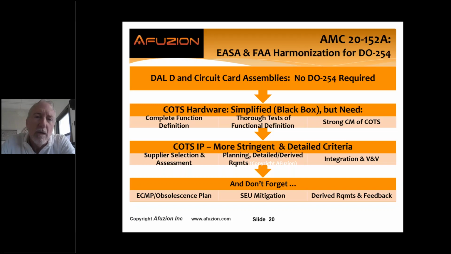Otherwise, 254. Now, COTS hardware, there's a lot of COTS in hardware, much more than software. Well, what COTS is it? It needs a complete function definition, thorough test of that functional definition, strong CM. What version are you really using? Are you using that version consistently?